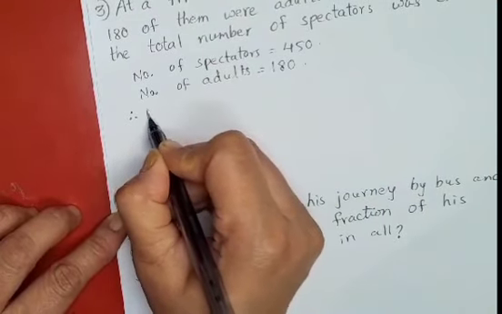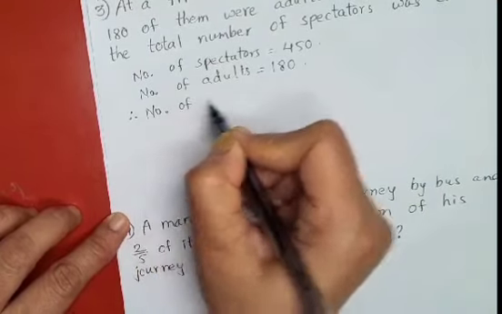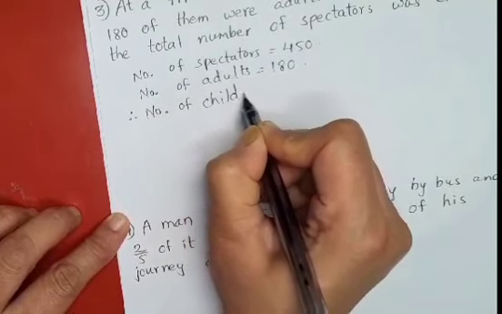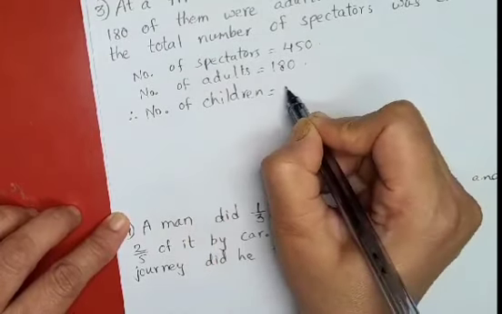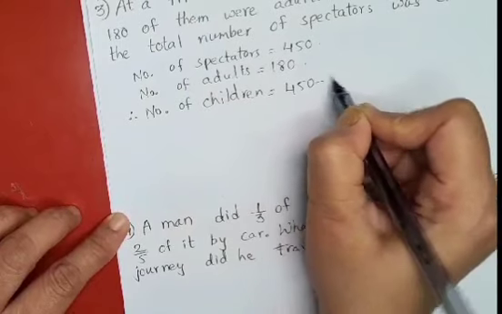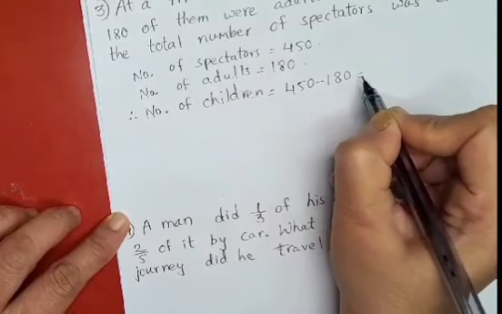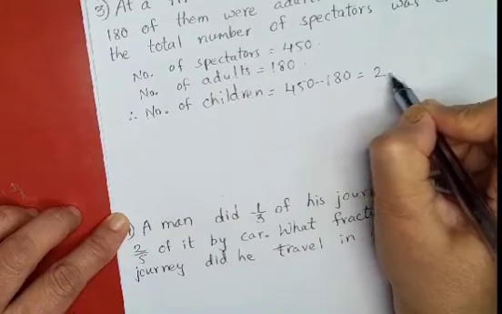Therefore, number of children will be equal to 450 minus 180. You get here 270.